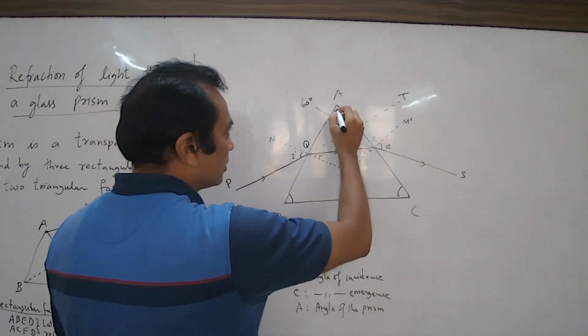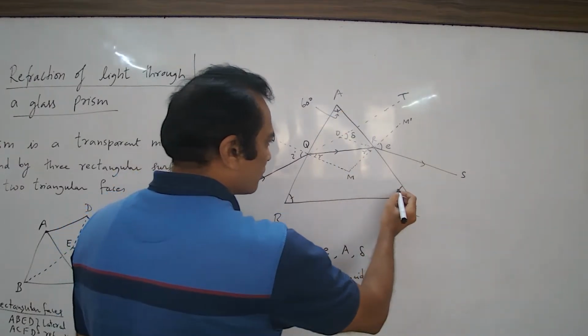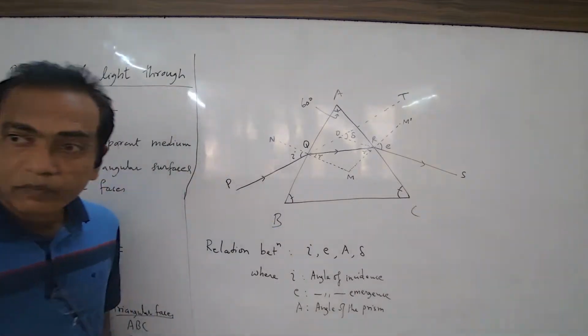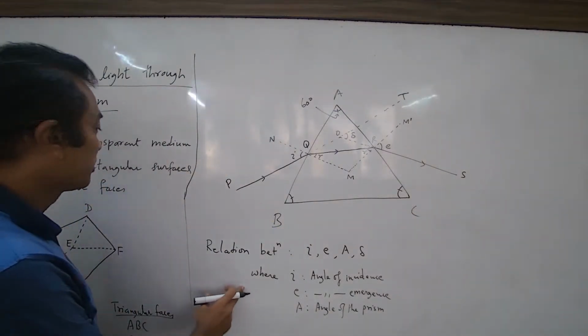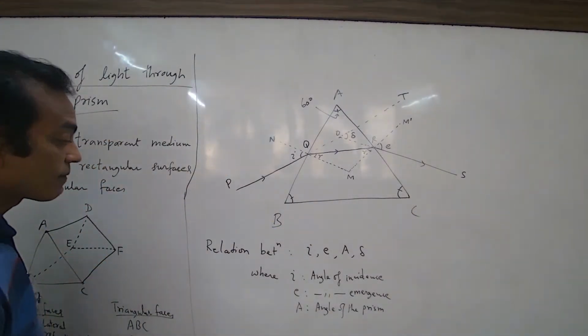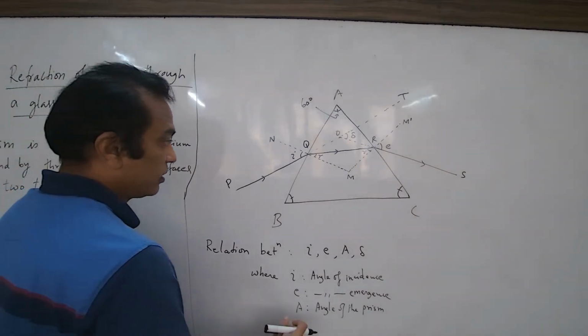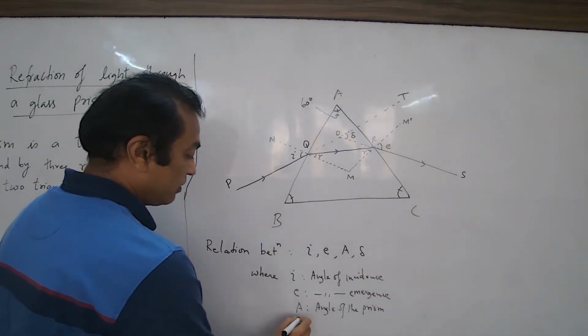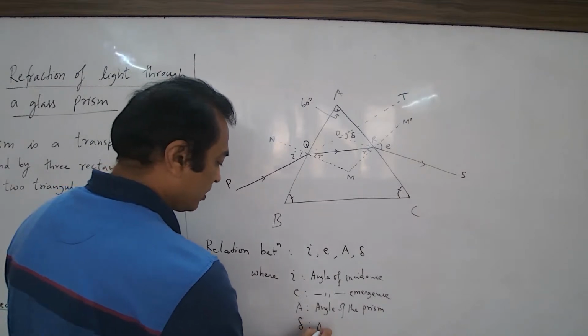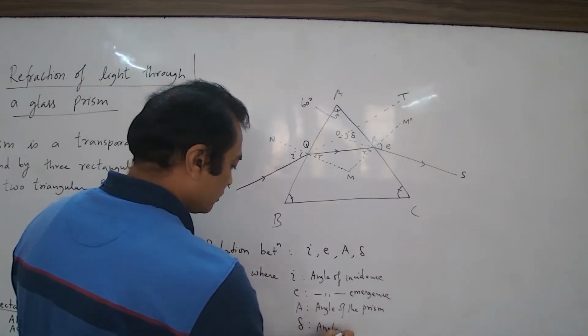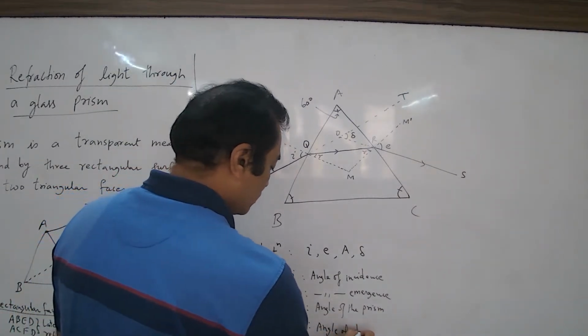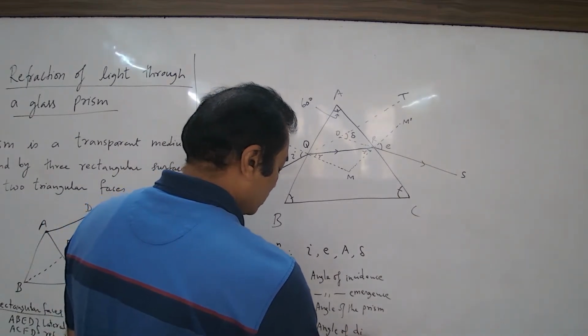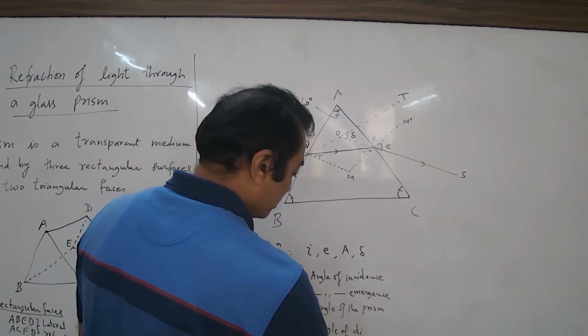So this angle is the same, because this is an equilateral prism. Then we have the angle of deviation.